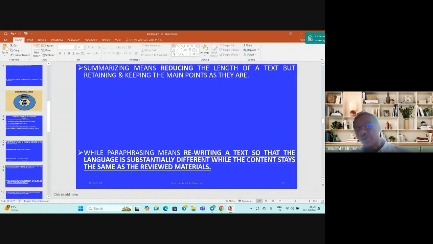You keep it to 3 or 4 lines. This is summarization: the contents are still there, but you reduce the length of the text. While paraphrasing means rewriting a text so that the language is substantially different from the original literature, while the content stays the same as the reviewed material.